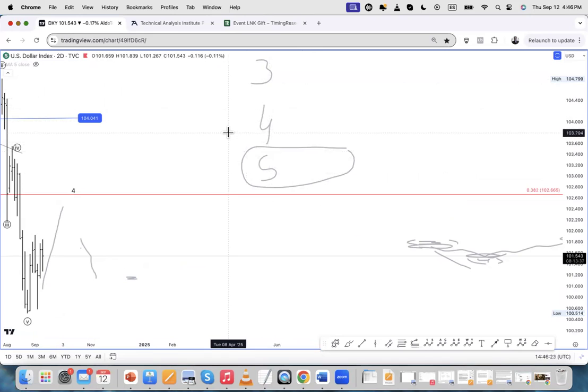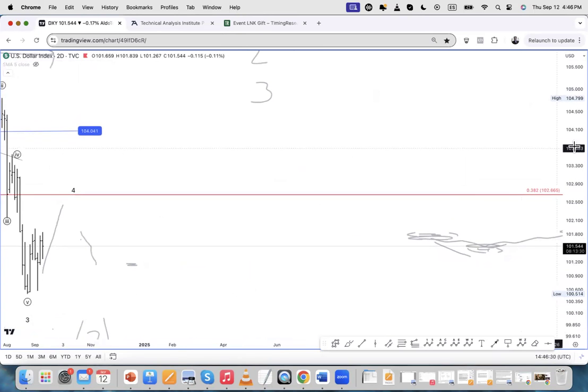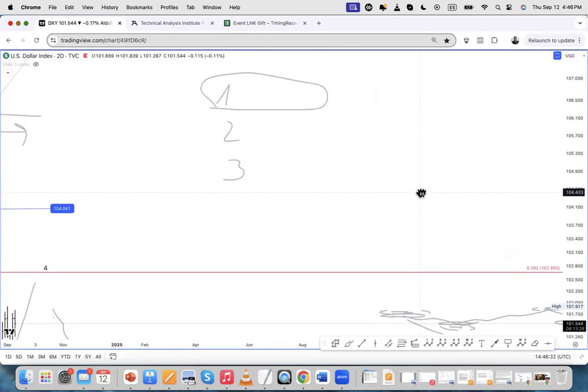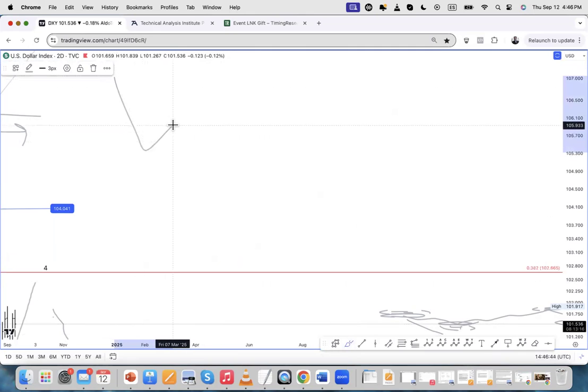And what I find is that you need to know the different types of corrections, because I have drawn the corrections and shown you examples of corrections that are kind of ideal ones. The correction that I have shown you so far is called an ABC. It's called a zigzag.